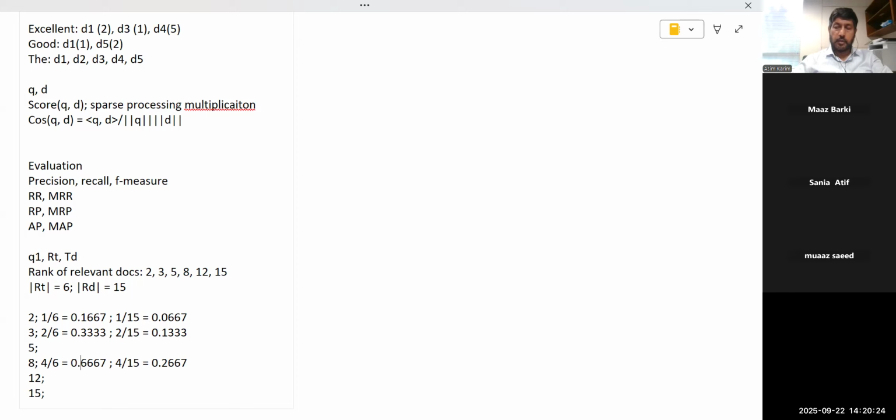So for example, at this stage, the recall is basically 0.6, and the precision is 26.26. Okay. So this will be the general trend, and the plot will look something like this in general. So this is for one query.